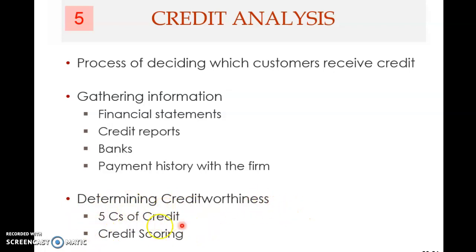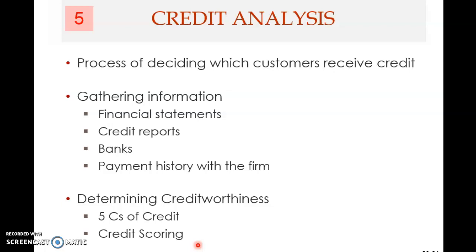Then you also have credit scoring. This credit scoring will have some credit worthiness criteria, and then you score each customer based on each criteria, and then you total up the score and see if the score is high, then you can give credit to the customer. If the score is very low, then you should not give credit.